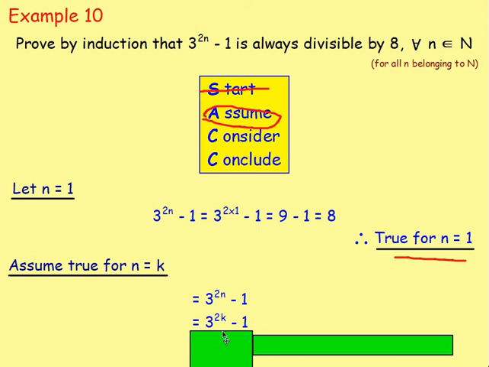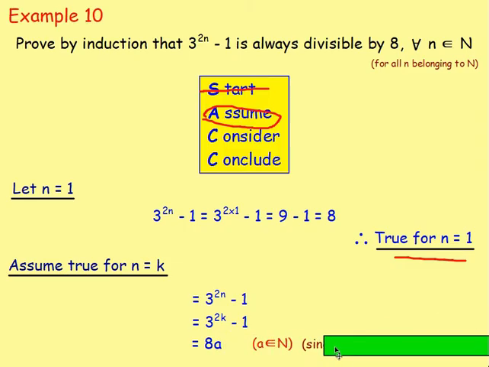And if that's divisible by 8, you could rewrite that as 8 times something. So 3 to the power of 2k take away 1 is equal to 8 times, and whatever the something is, we'll just call that a. A belongs to the natural numbers, and it is equal to 8a since it's divisible by 8. Every number in the 8 times table is divisible by 8, so you can say it's going to be 8 times something. So we have assumed that is true.